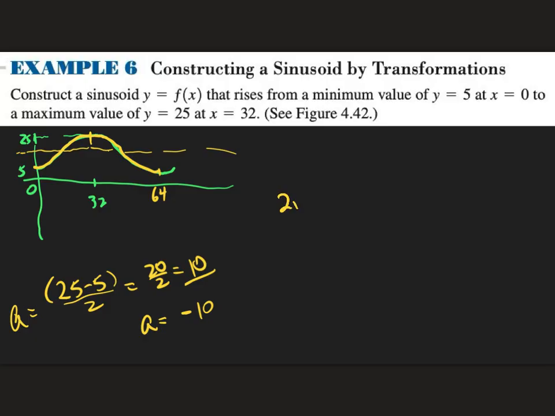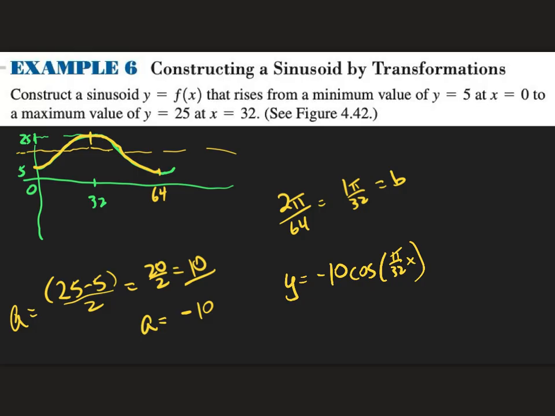So we take 2 pi, divide it by 64, reduce the fraction. That's pi over 32, which equals our B. So you get y equals -10 cosine of pi over 32 x, close the parenthesis. Now we need to figure out our midline.